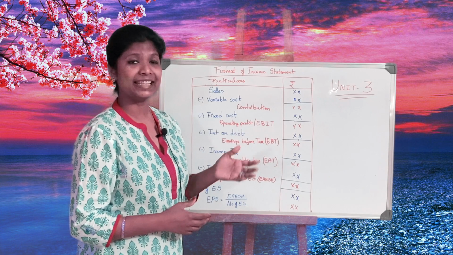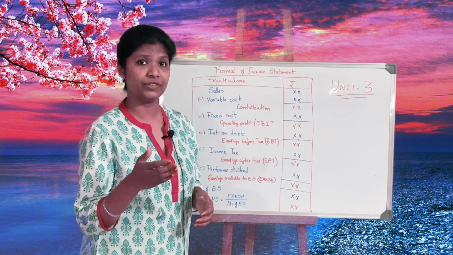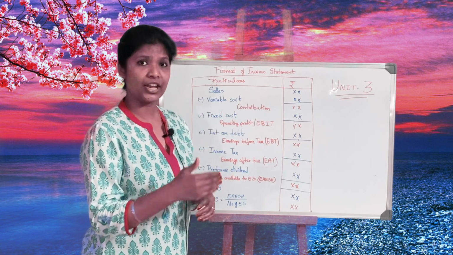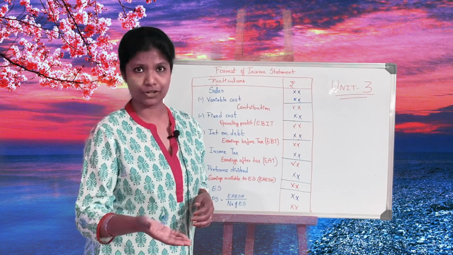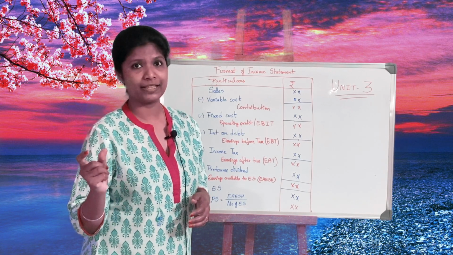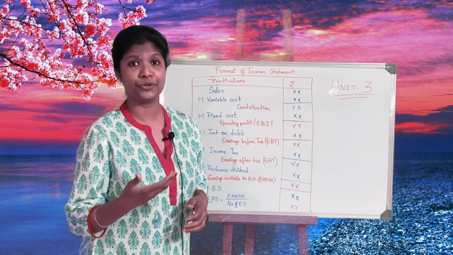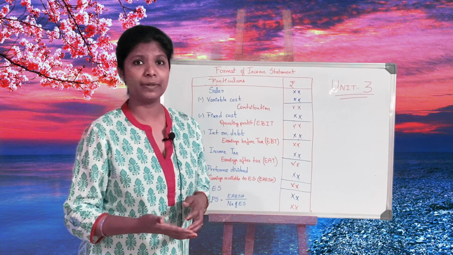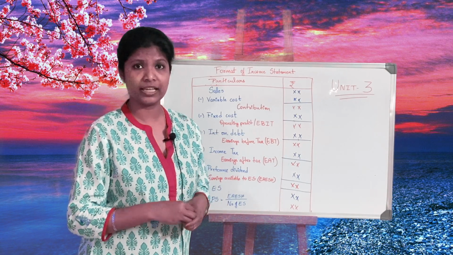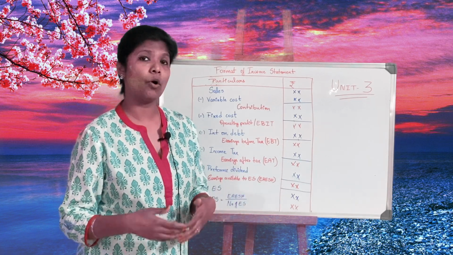Fixed cost is anything that is fixed irrespective of the output of production. A variable cost changes with the output of production, the number of units of output, whereas fixed cost expenses do not change. For example, rent. Rent of the building you have to pay irrespective of whether you are conducting production in the building or not.